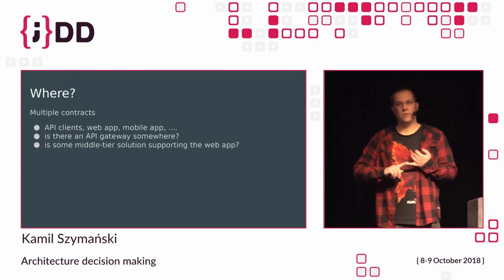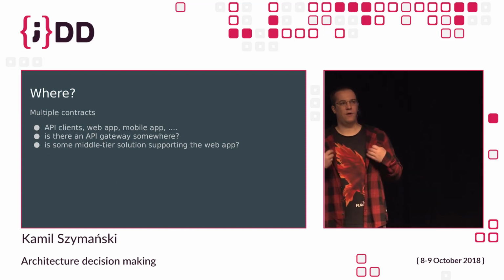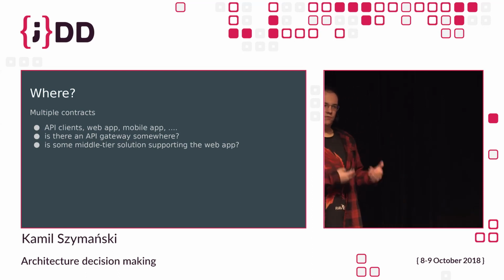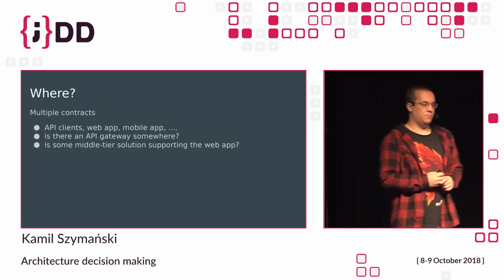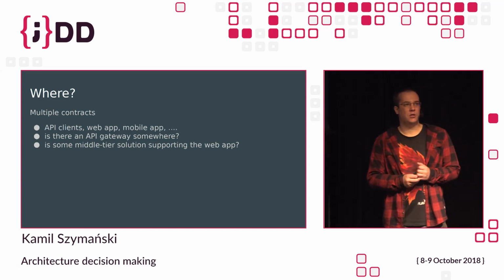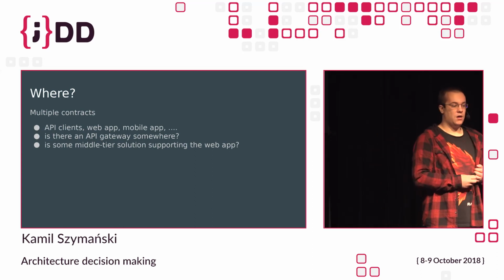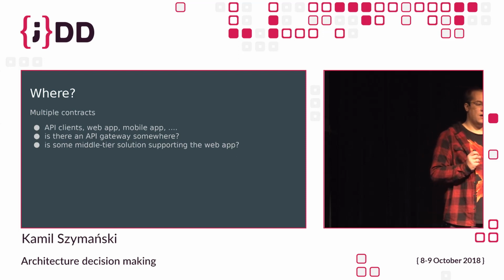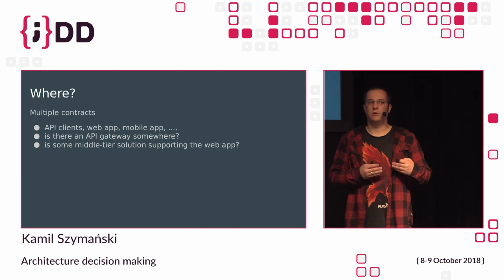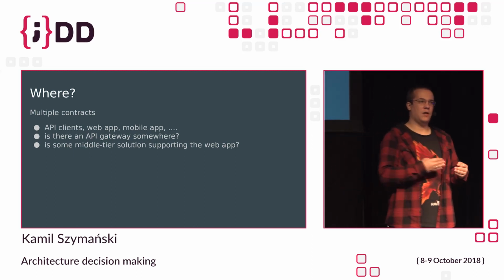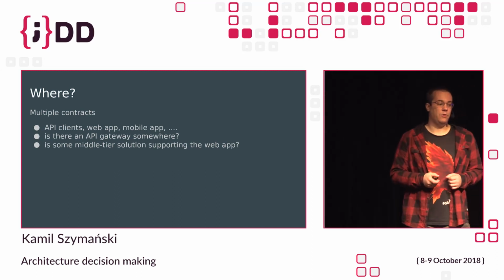We have plain APIs used by clients, but we also have a web application, which might be using a different API, or there might be a different API gateway for the sake of deploying the web application. In the future, there will be a mobile application, so it might be a different API or a different API gateway. What we might also take into consideration is whether there is some middle tier between the web application and our API, or the mobile application and our API, just to authorize the requests.